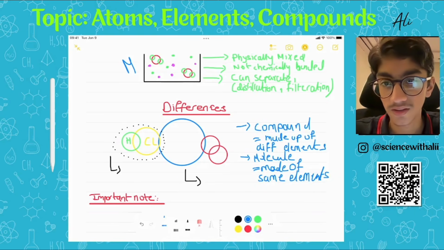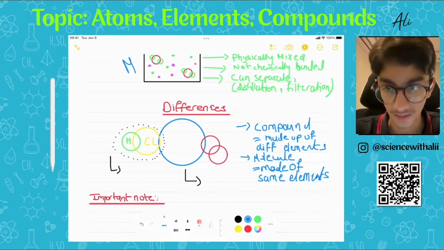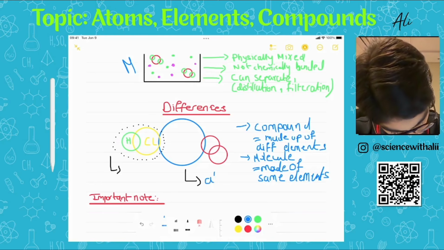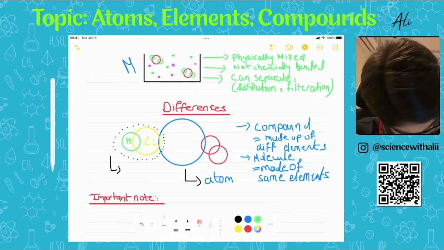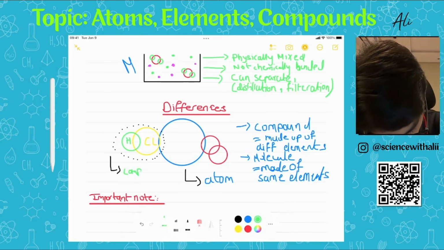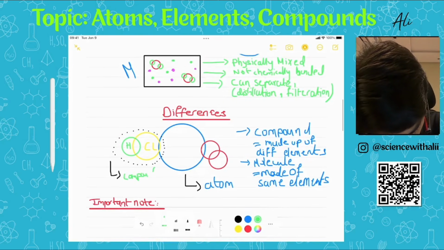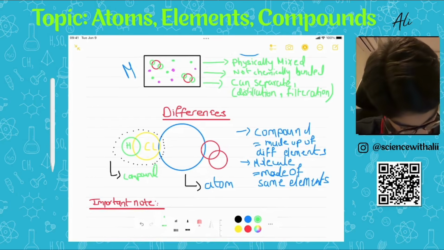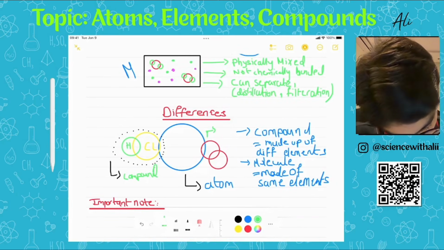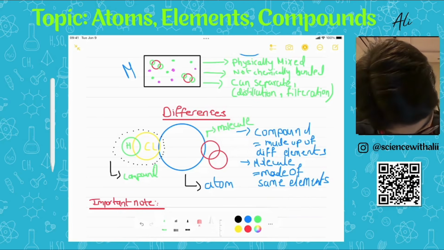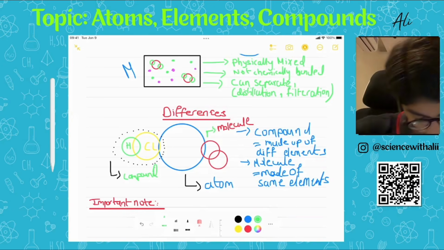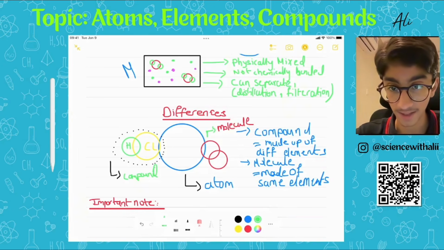So this is an atom. That is a compound. And the red one is a molecule. All right, so I think that's pretty clear.